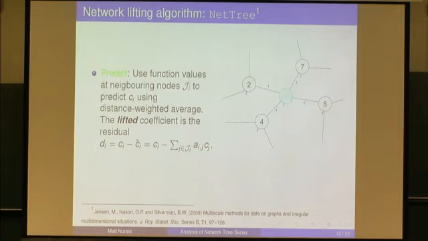The detail coefficient that you want to store in memory is just the difference between the original function value here and the predicted one. So it encapsulates some sort of local difference, local variation in the network at that time.